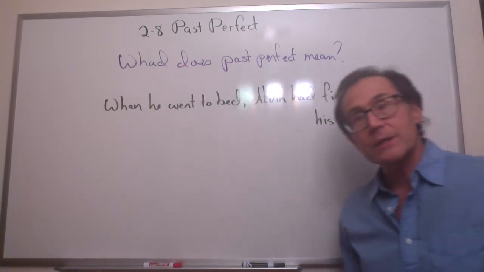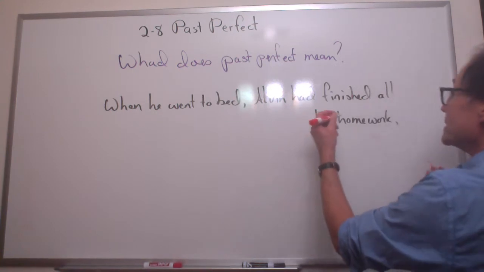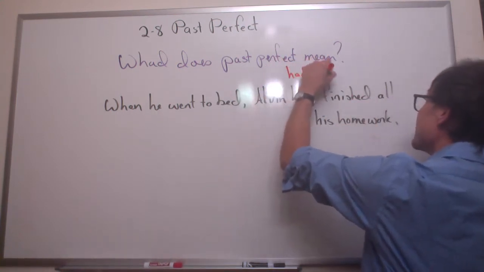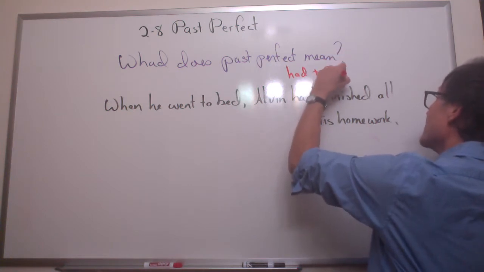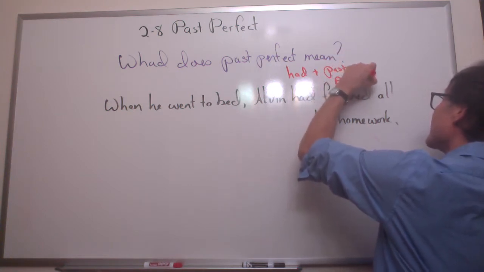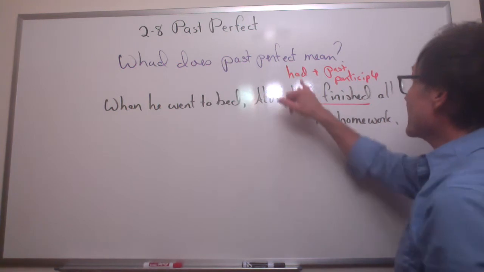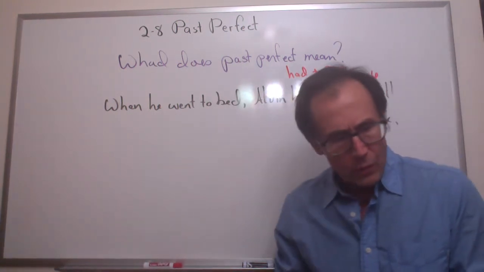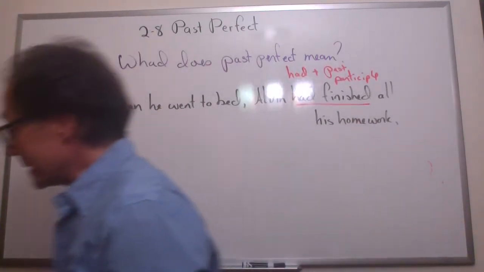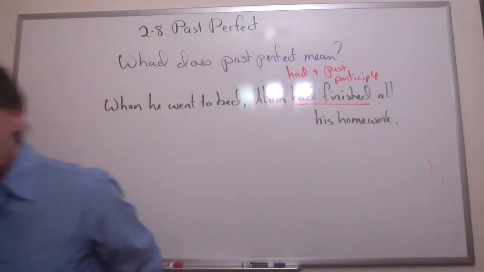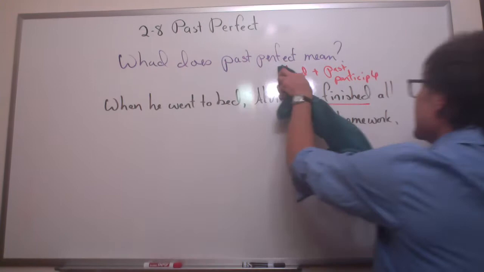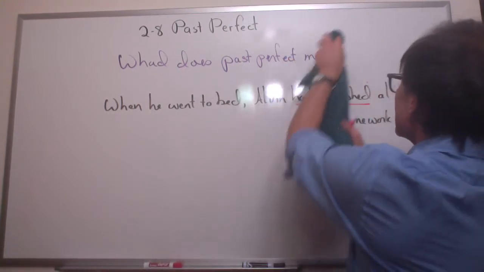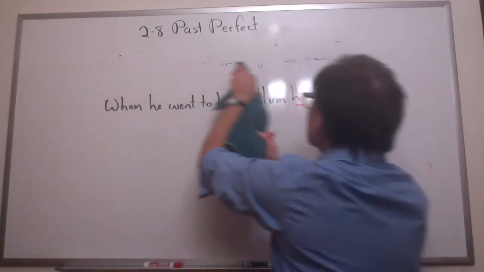Okay, so the verb that's in past perfect, remember past perfect is had plus past participle. So here's my past perfect verb, had and past participle. Now, what does that mean in this sentence? Okay, what I tell my students is, past perfect, let me erase this to give myself some more room.